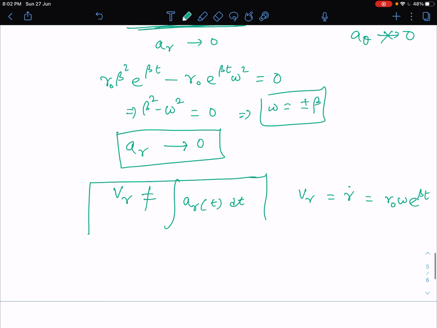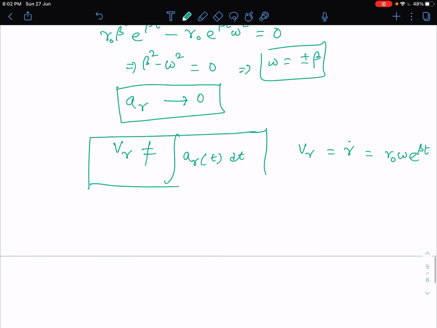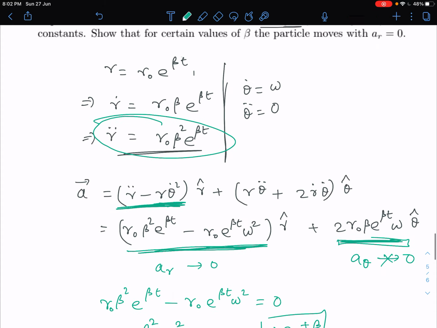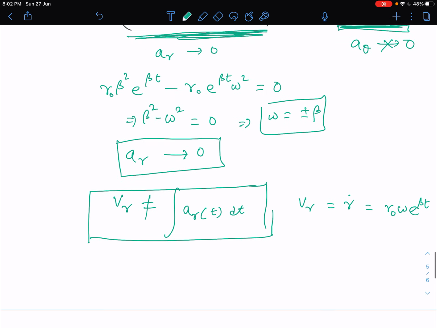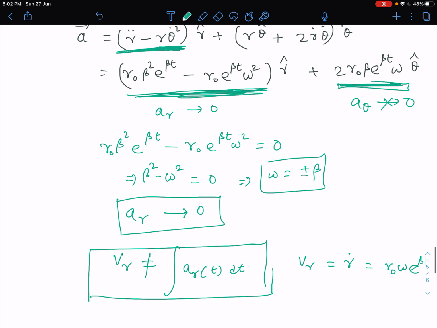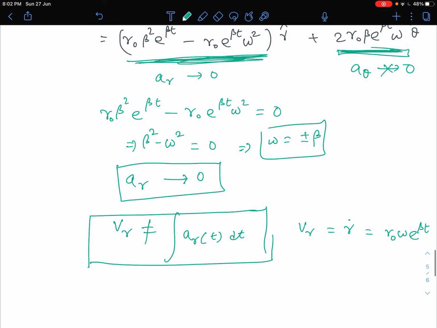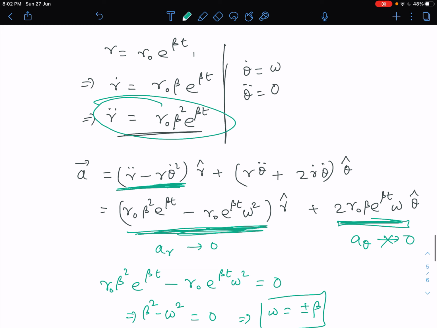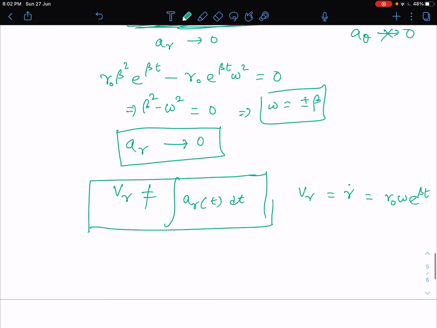So in polar coordinates, Vr is never equal to the integral of ar dt. Because if you take the integration of ar with respect to time, if it is only r double dot, then this is valid. Then if ar is only r double dot, Vr can be written as the integral of ar dt.